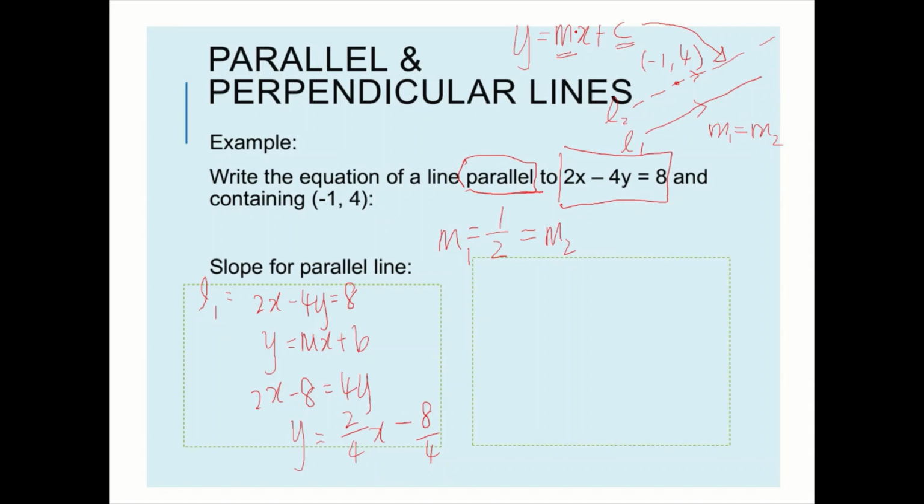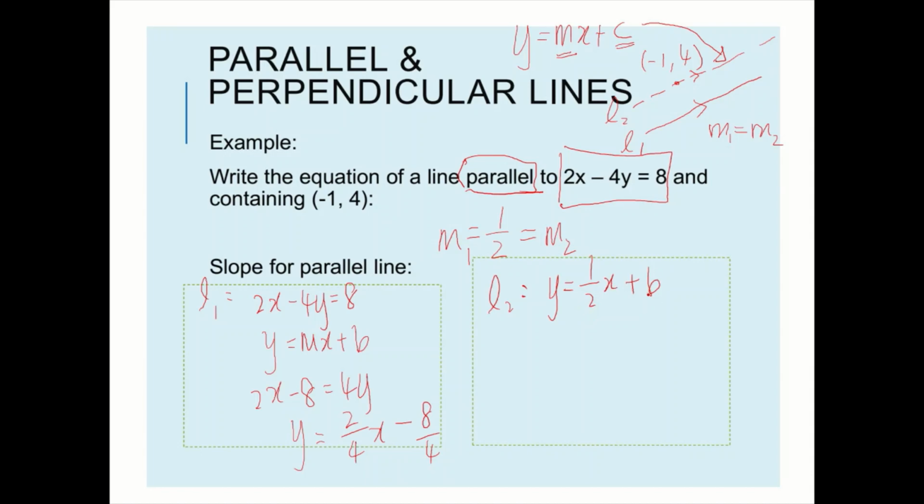Now, after we have this slope, 1 over 2, we need to find the y-intercept. So how to find the y-intercept? We can actually use this point. For line 2, what we know is y equals 1 over 2x plus b, the y-intercept.